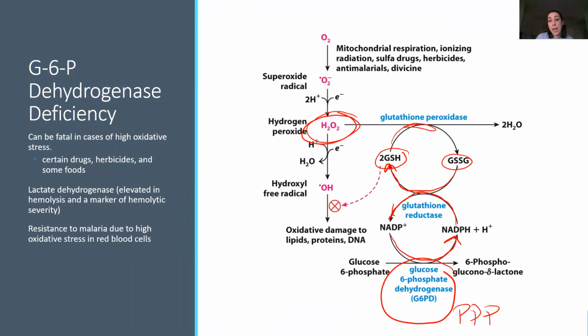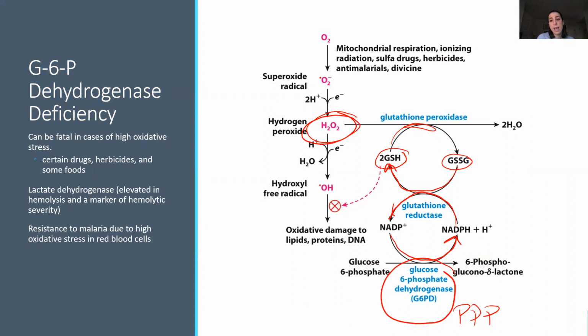They won't be able to combat it because they are not producing enough glucose 6-phosphate dehydrogenase and making the NADPH that they need. And thus they can cause lysis of their blood cells, hemolysis, etc.